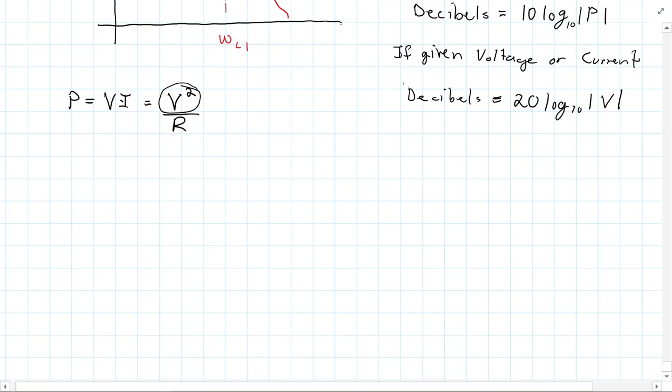Voltage squared. So if I'm thinking about decibels for power here, and I want to substitute voltage in, and I know there's the resistor, don't worry about it.